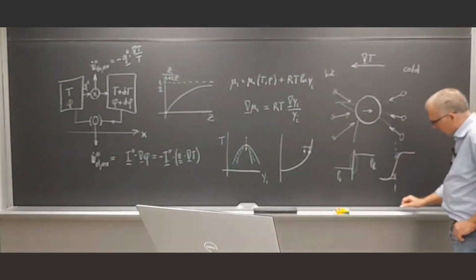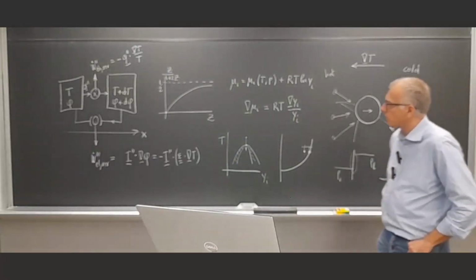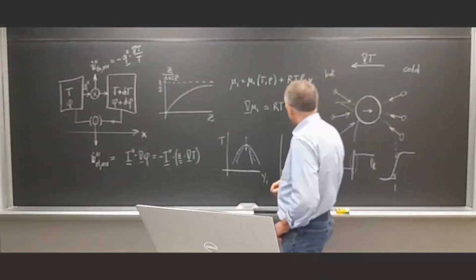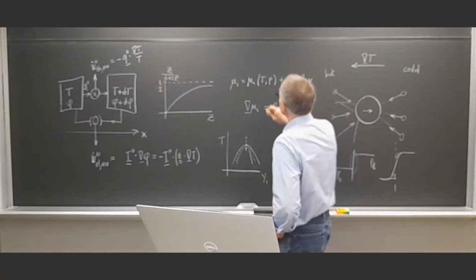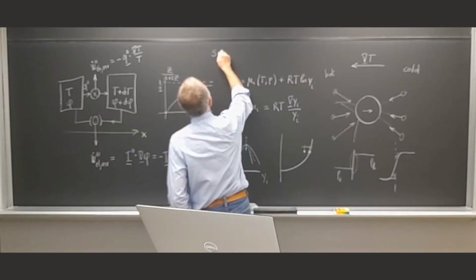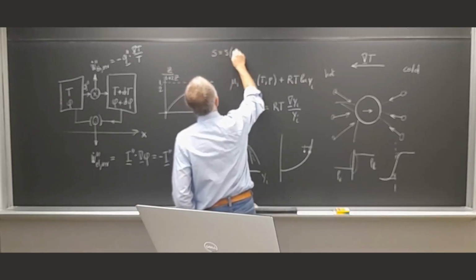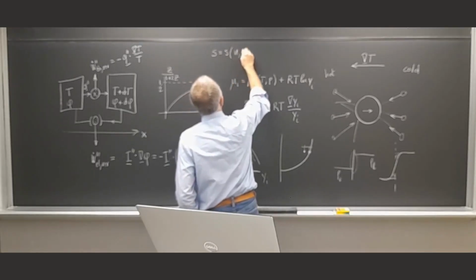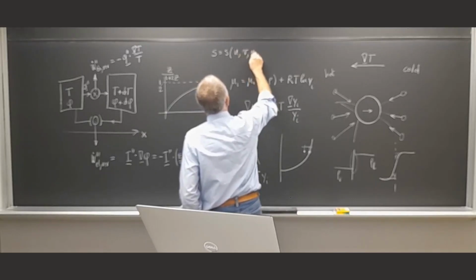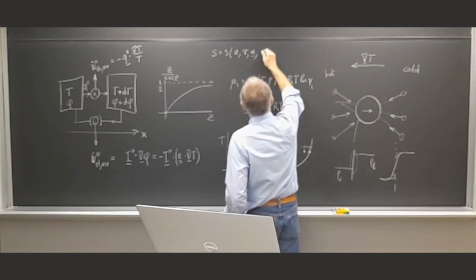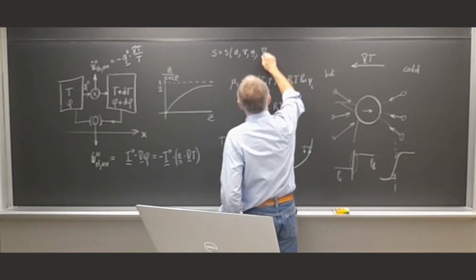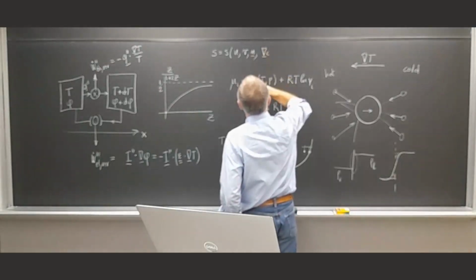And by assuming a fundamental relation for your states, for example, by assuming that S is not just a function of U, V, N, but it's also a function of the gradients in concentration.